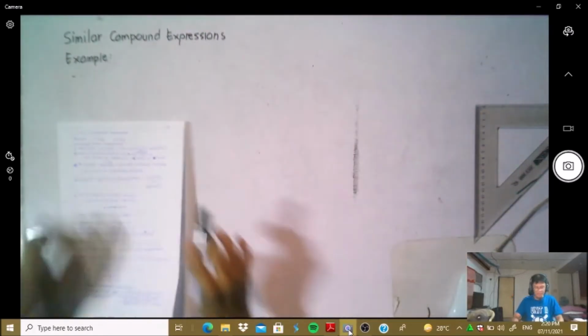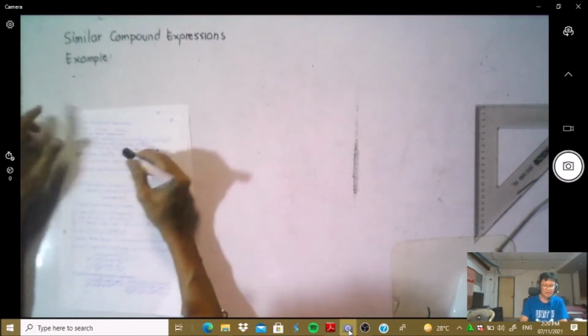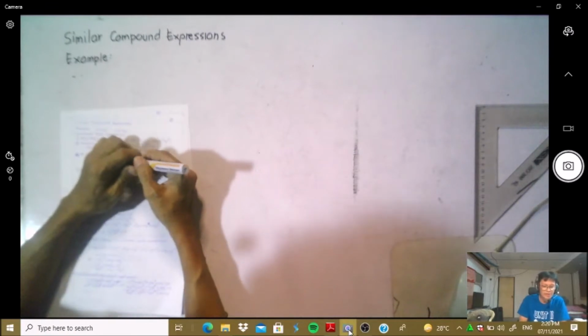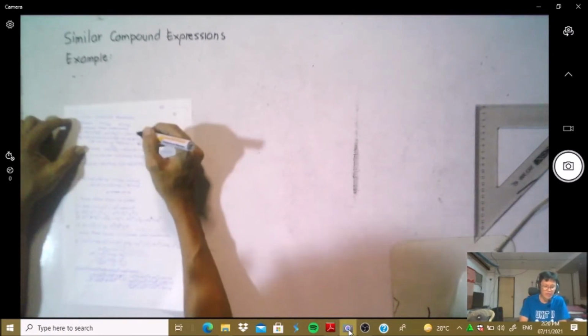Okay, good day. So let's start with similar compound expressions. Now, what is a similar compound expression? This is an expression wherein the same term is included in the parentheses.